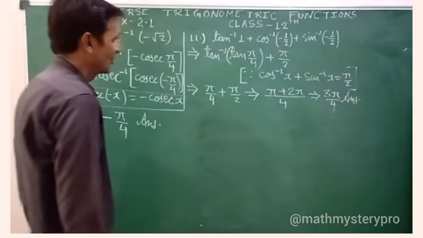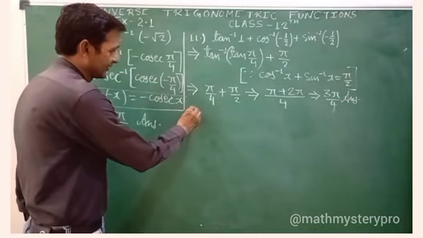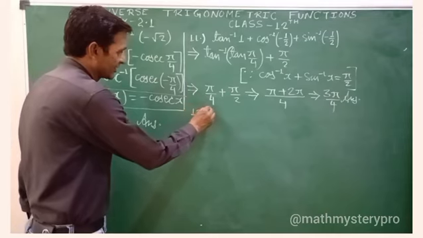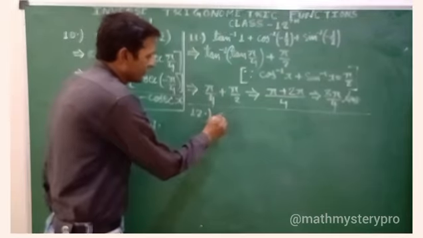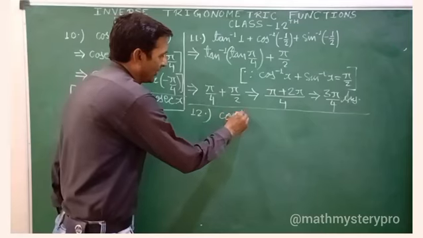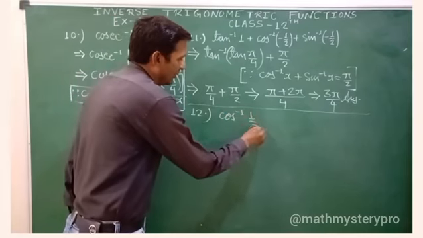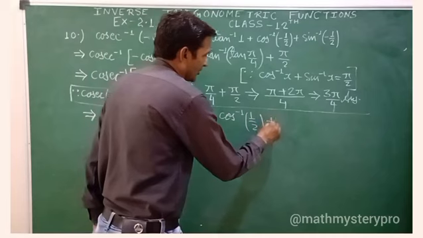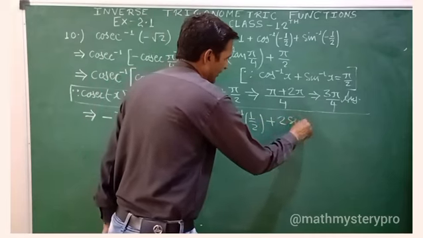Now see question number 12. Here we are going to discuss the 12th question. The question is cos inverse 1 by 2 plus 2 sin inverse 1 by 2.